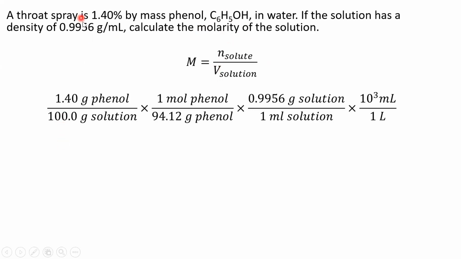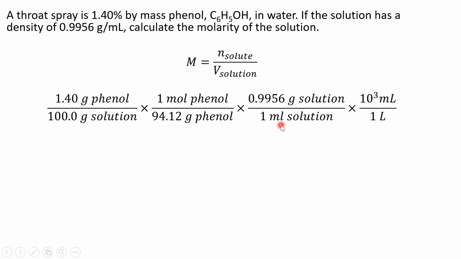And then we do our conversion. So the percentage tells us that there's 1.40 grams of phenol in every 100 grams of throat spray. We can look up phenol on the periodic table, and it's 94.12 grams per mole. So we've got this part, the numerator's all done. And then we're going to look at the grams of solution, and we can convert from grams of solution to milliliters of solution using the density as a conversion factor.